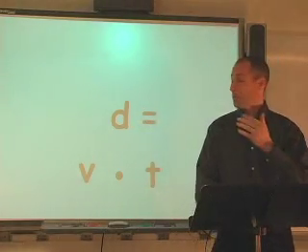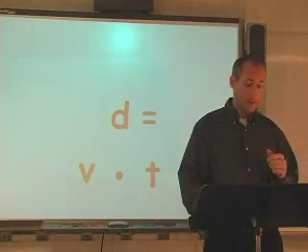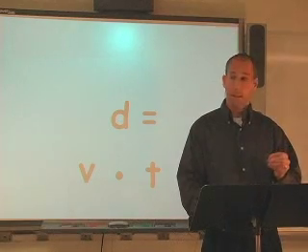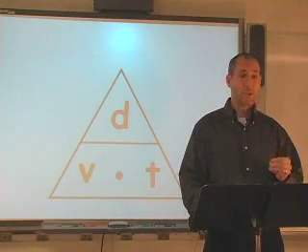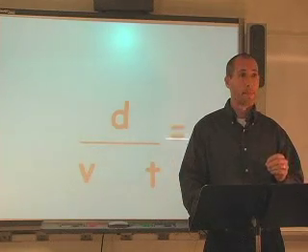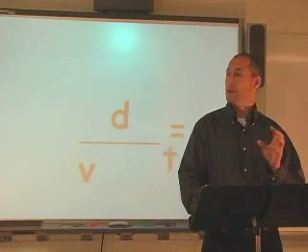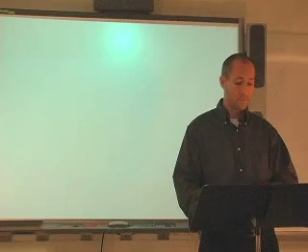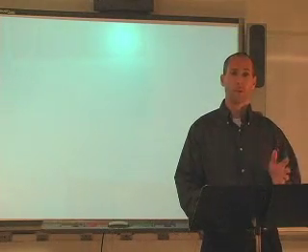So my distance would equal my velocity multiplied by my time. If I know speed and distance, then I can solve for time. My time equals my distance divided by my speed. There are other ways to solve for this as well that you may learn at another time.